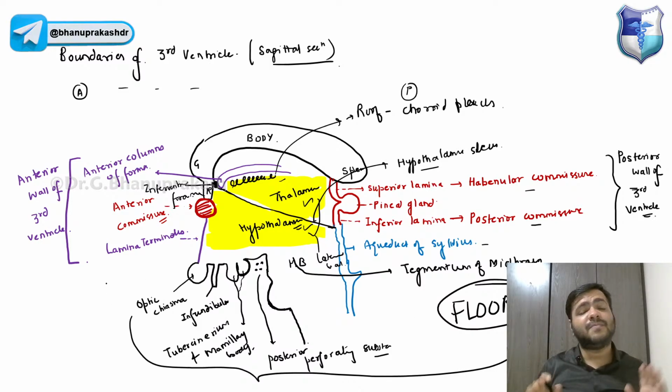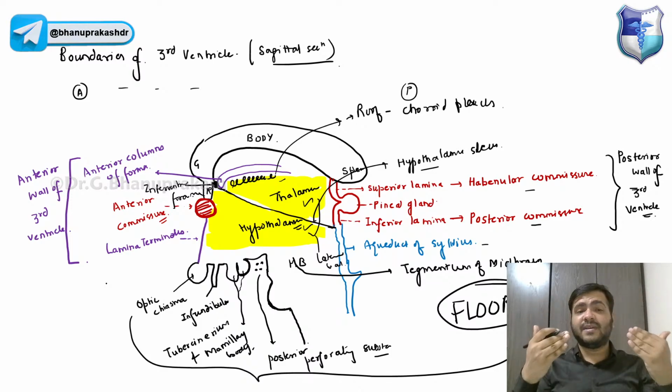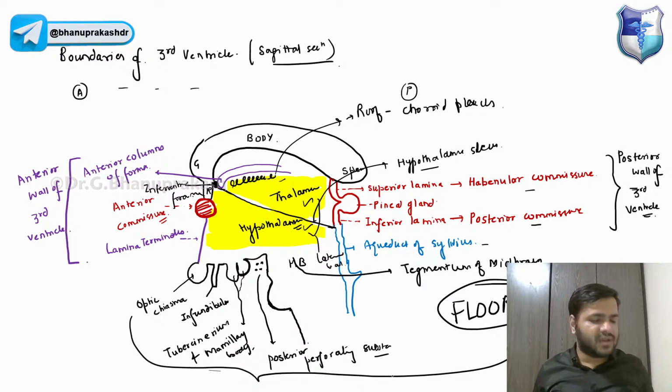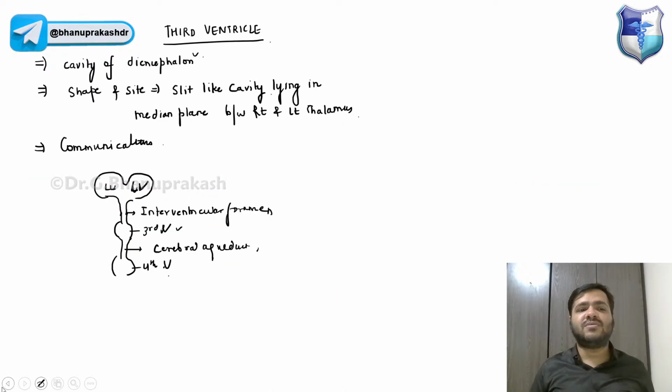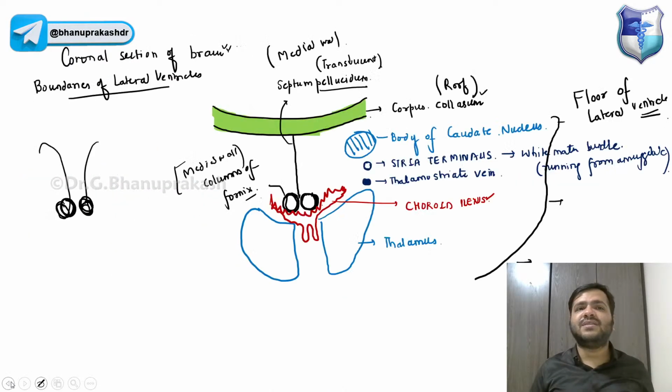If you know the interpeduncular fossa, optic chiasma, infundibulum, tuber cinereum, going from front to back, you will have the same content here as well. It is right at the bottom, forming the floor of this cavity. So that is the anterior wall, the roof, the posterior wall, and the floor of the third ventricle, guys. In two slides, I have completed it.